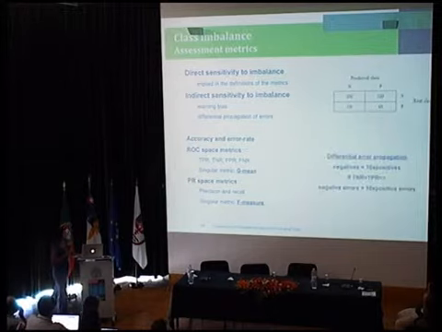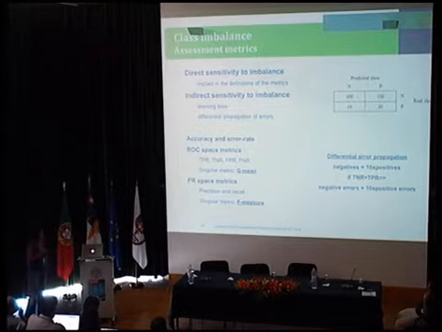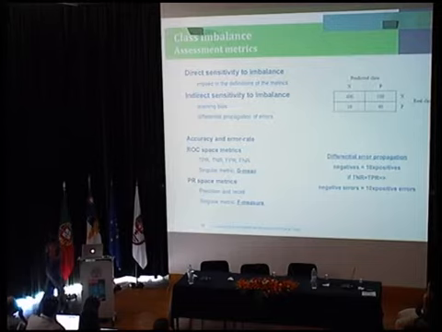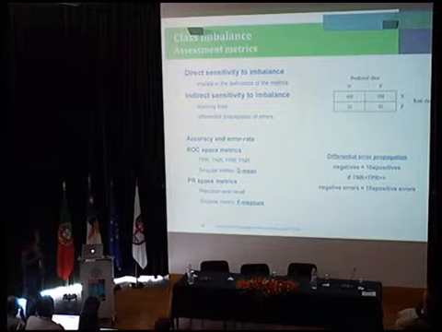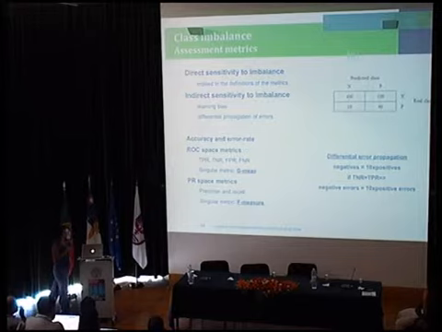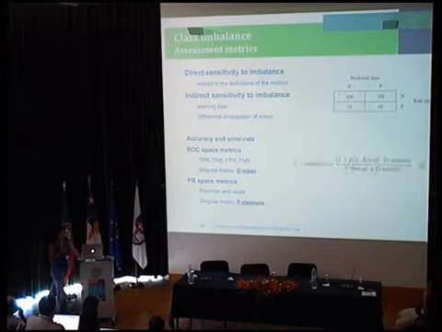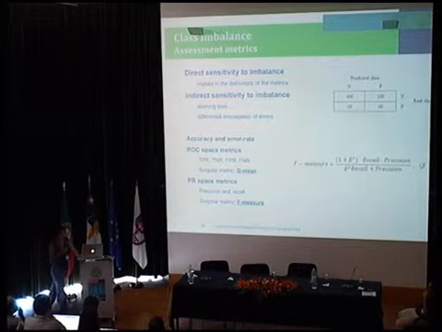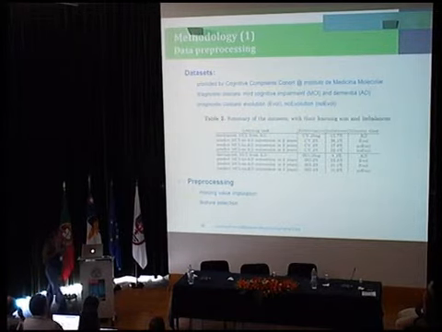And in case of differential error propagation, basically, if the negatives are 10 times the positives, and the true negative rate is equal to the true positive rate, then what we should observe is that the negative errors are 10 times the positive errors. Okay, so this is just the F measure, doesn't matter.